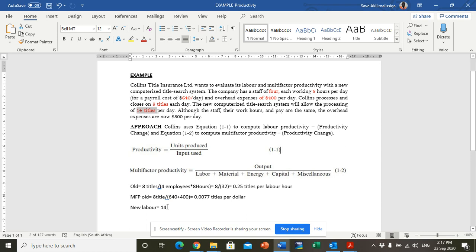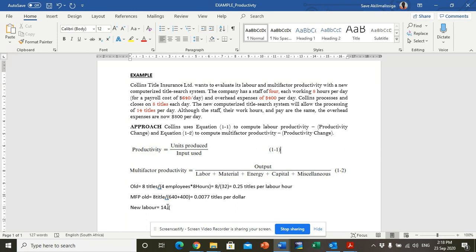So 14 titles divided by, we're dealing with labor. So this is single factor productivity for labor. When we are done with single factor productivity, we can now calculate the multi-factor productivity, and from there we can calculate change in productivity. That is where your decision will be based.